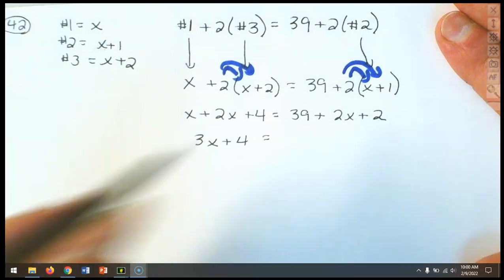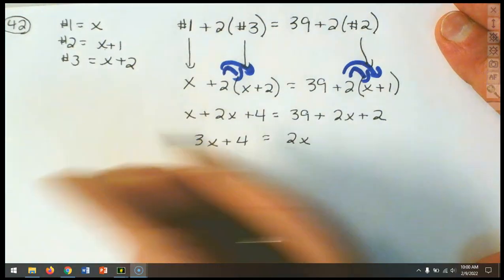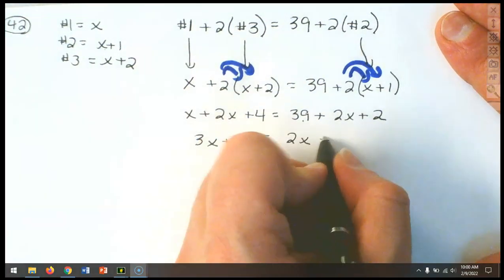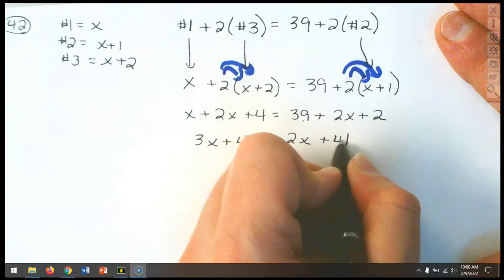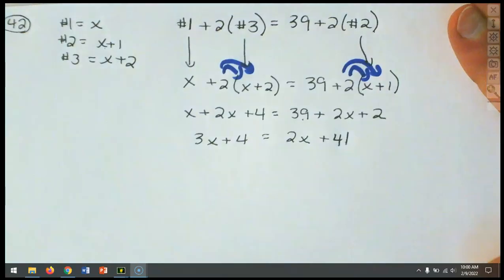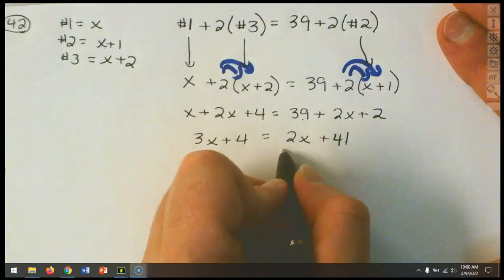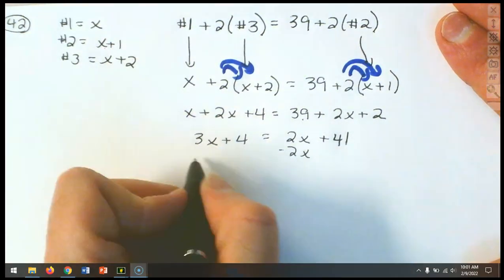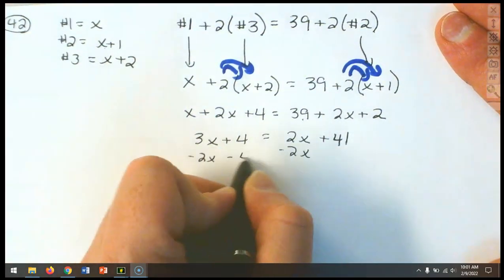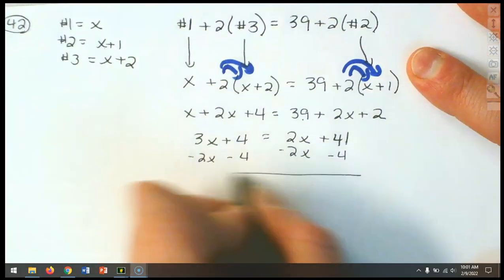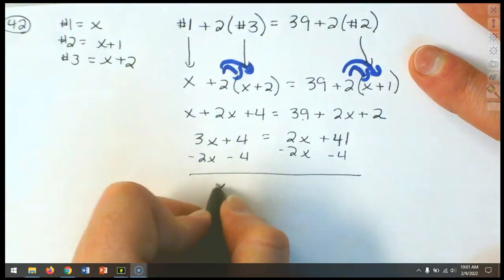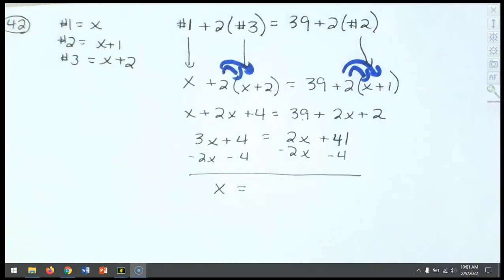On the right-hand side, we've got 2x, and then 39 and 2 more makes it 41. And move things around, so move the 2x over, and move the 4 over. So that leaves me then with an x on the left, and on the right we've got 41 minus 4. That should be a 37.